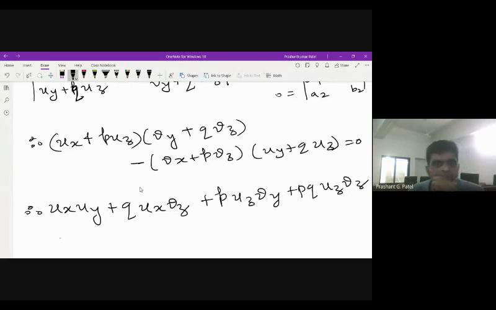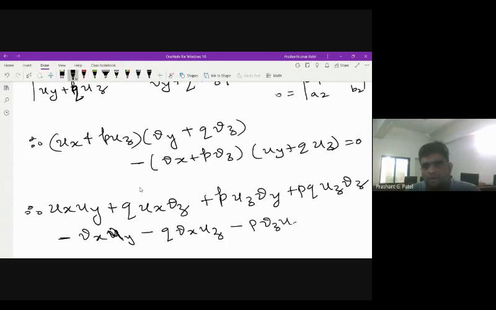On this side, all the terms which are of negative sign: vx uy, minus q vx uz, minus p vz uy, minus pq uz vy equal to 0.